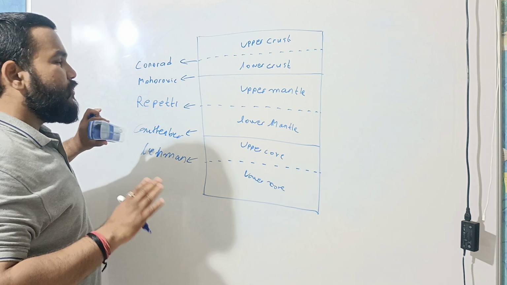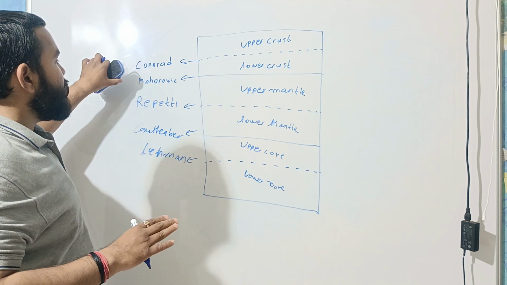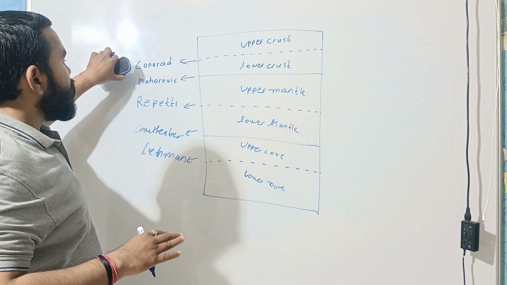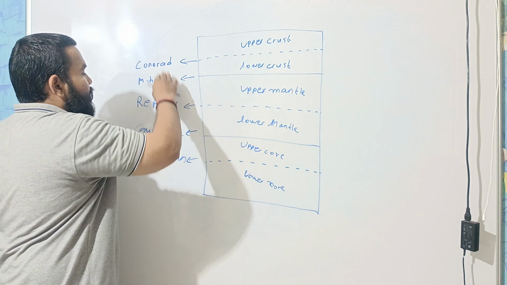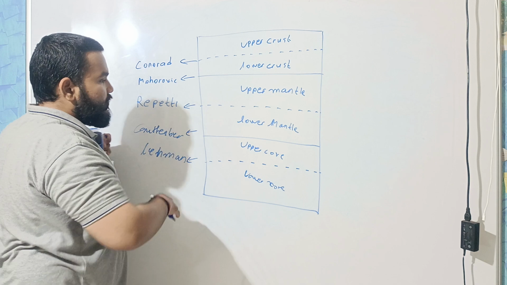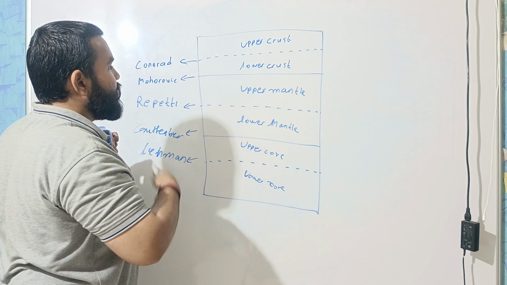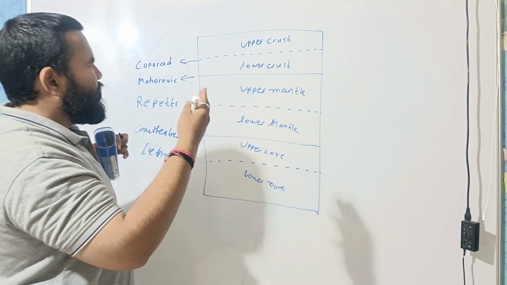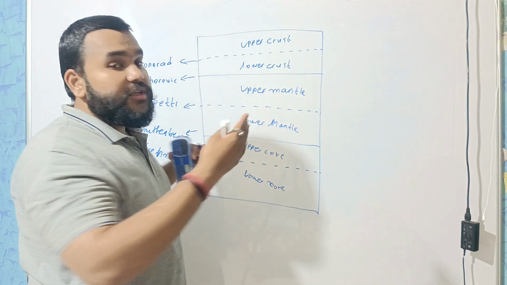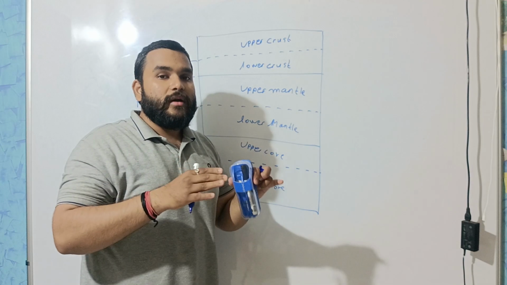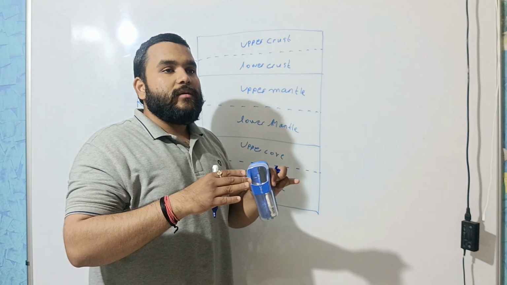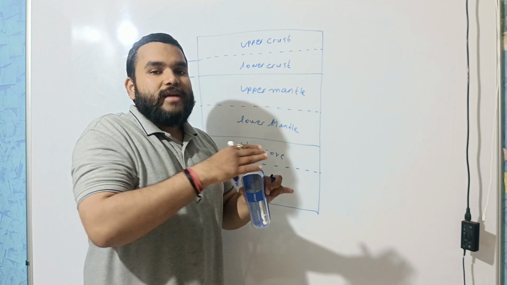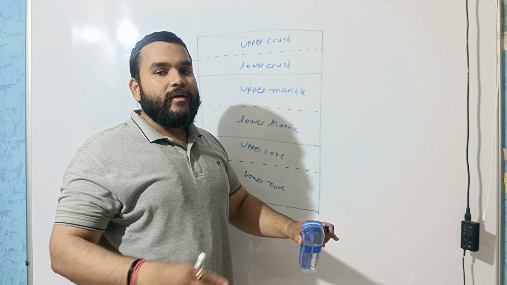Just remember these names, nothing to explain over here, because Conrad is the name of a particular scientist. These 5 names are the names of the scientists who discovered and were able to differentiate between two different forms of material. Like the asthenosphere, it is semi-solid.